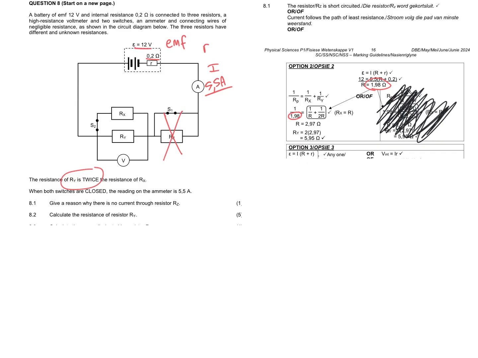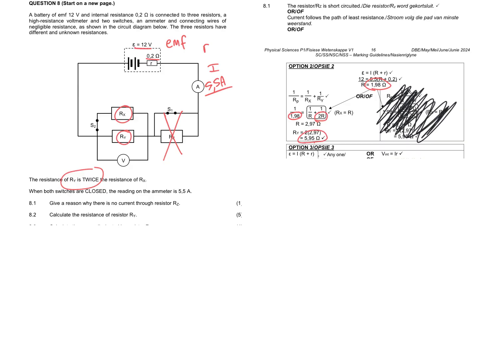So that resistor technically isn't even there. So now they're putting in 2R because you're solving for the resistance, and it said that this one is double that one. So it's R and 2R, and you solve for R and then you double it to get 5.95 for resistor RY. That one is fairly straightforward.